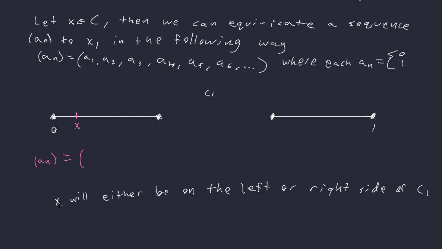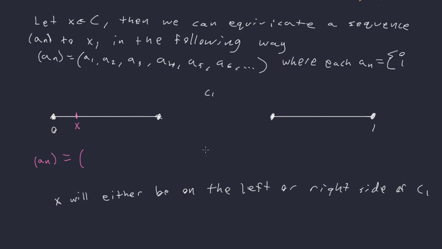It's going to be one or the other. Now we know it's in C1 because we started by saying it was in C. If it's in C, then it has to be in C1, since C is the countable intersection of all of these.